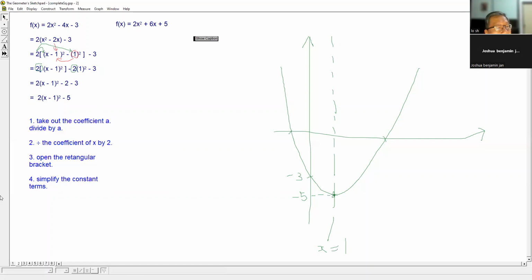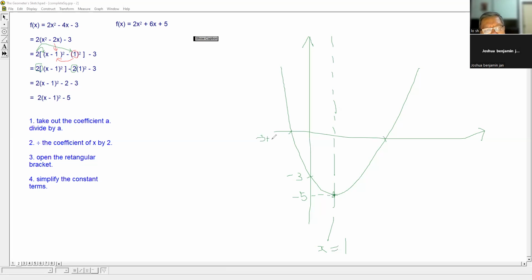Negative 3 plus i divided by 2, and 3 minus i divided by 2.